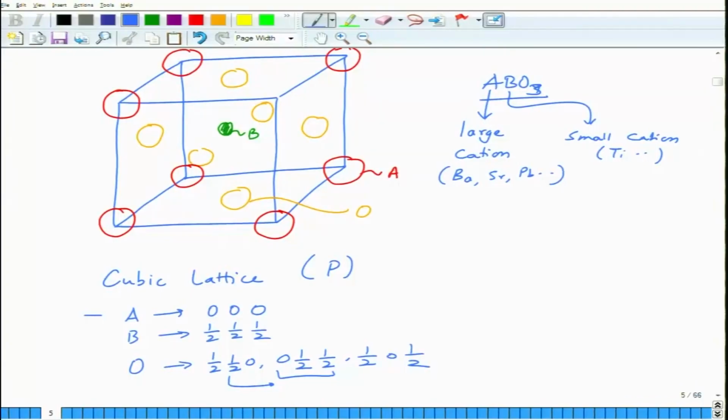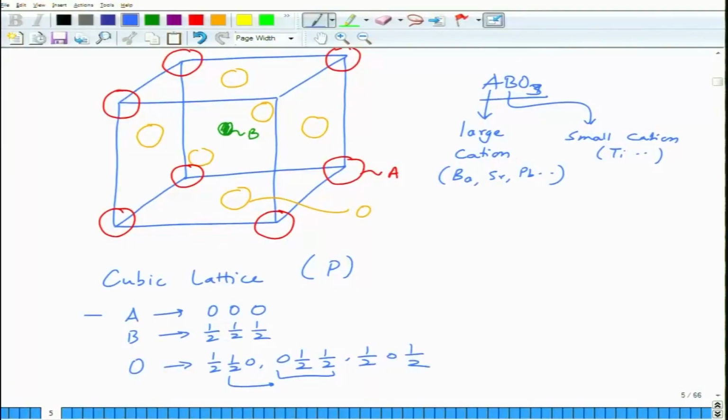So, you can translate each point by half, half, 0, half, 0, half, and 0, half, half. But in this case the primitive lattice vector is 1, 0, 0, or 0, 1, 0, or 0, 0, 1. As a result, you can't get the other points.